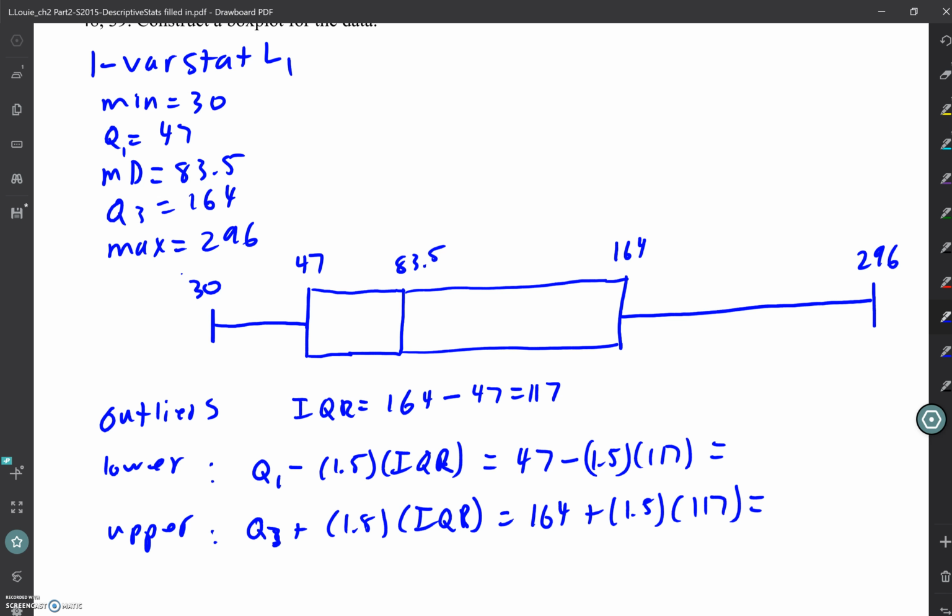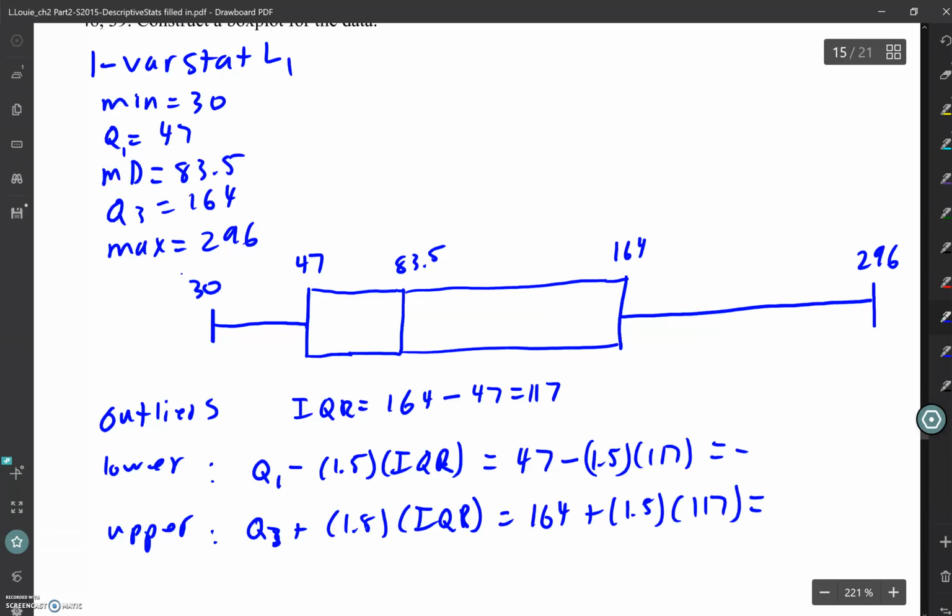The IQR, so if you do 164 minus the 47, what do we get for that lower fence? 128.5. All right. How about our upper?